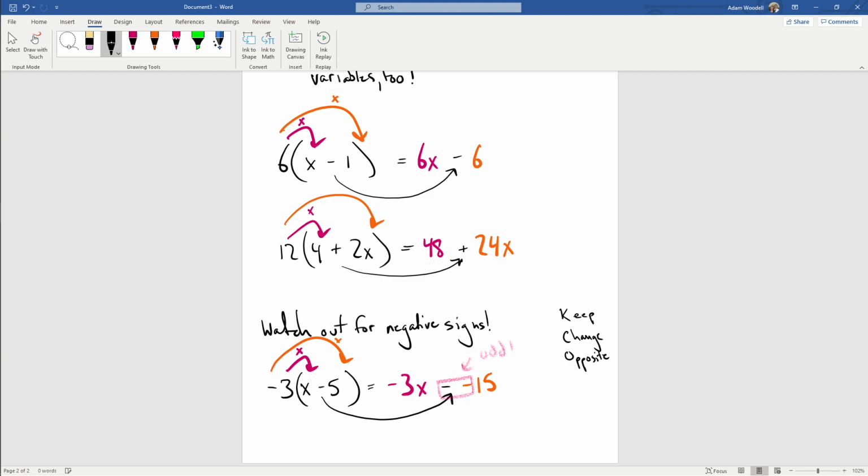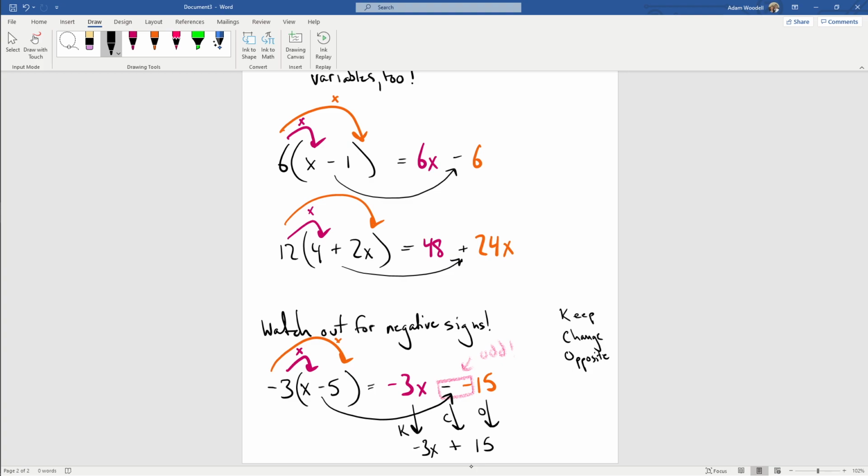So what we can do here is keep negative 3x the same. We're going to keep it. We're going to change my minus sign into a plus sign. And we're going to take the opposite of negative 15, which is positive 15. So now we cleaned up our double negative sign dilemma, and we have a new expression, negative 3x plus 15.